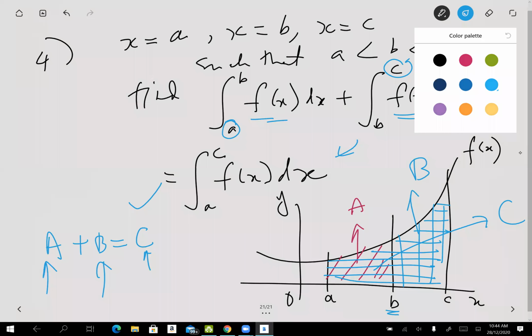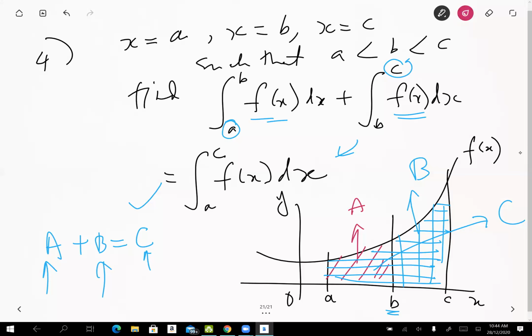So if you have an example, something like this, let's say you're going to find the area from 1 to 2 of x squared dx plus the area from 2 to 5 of x squared dx. So you see here, you have 1, 2, 2, 5.